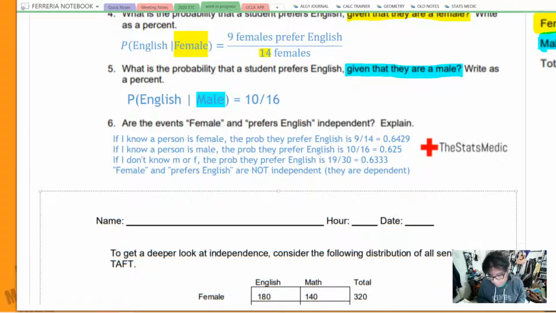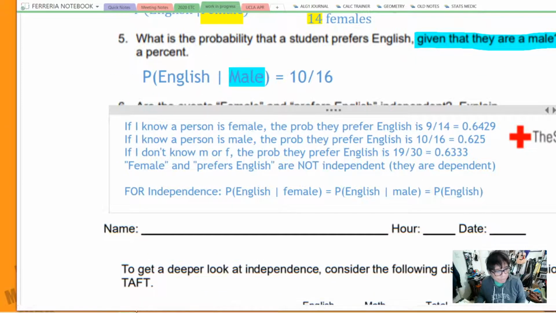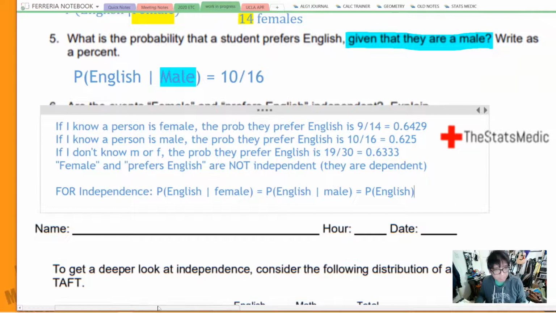So for independence, this has to hold true. The probability that a person prefers English, given that they're female, should be the same as the probability that a person prefers English given that they're a male, and that should just be equal to the probability that they prefer English.